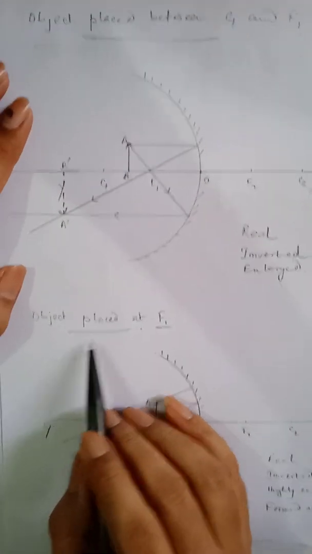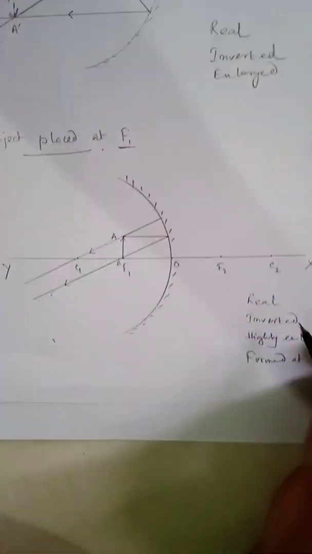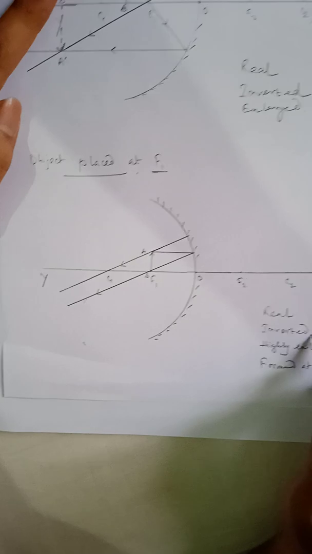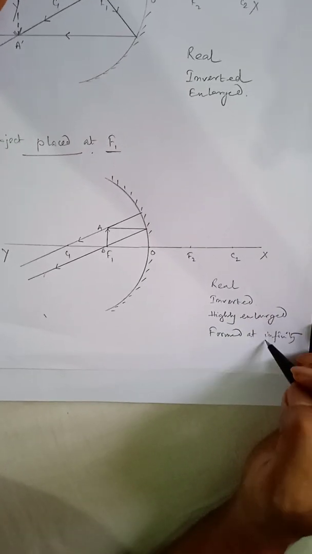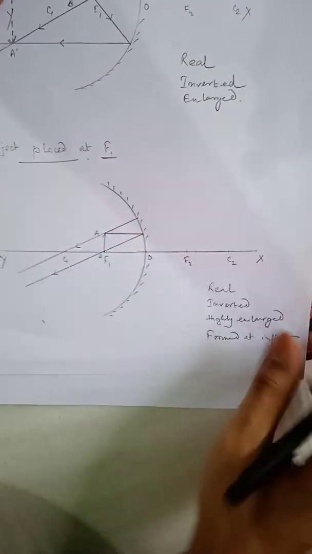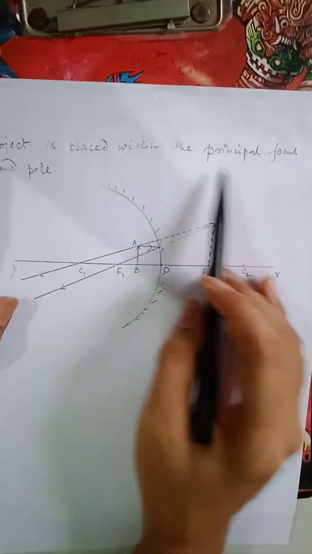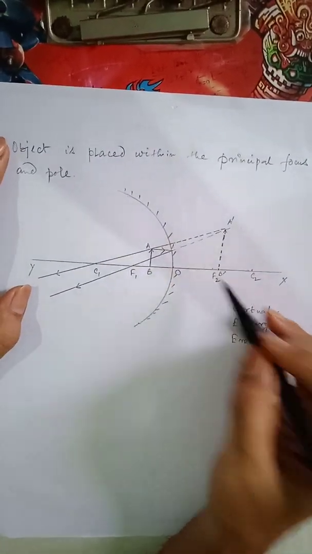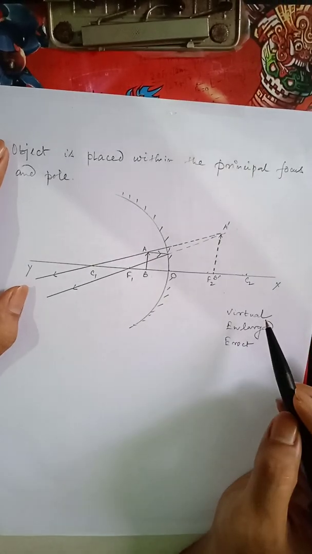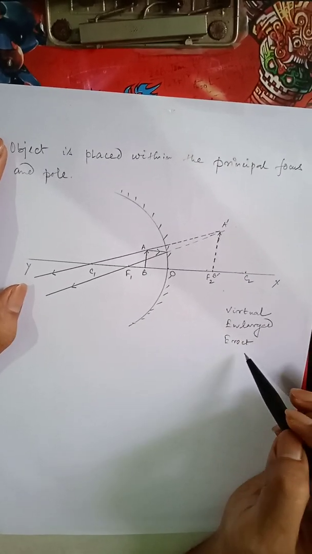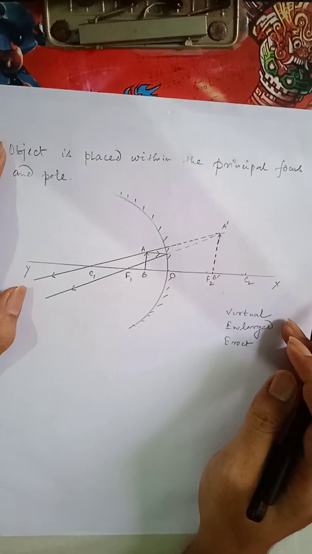When the object is placed at F1, the image is real, inverted, highly enlarged, and is formed exactly at infinity because the rays are parallel. And when the object is placed within the principal focus and the pole, the image formed is virtual, enlarged, and erect.